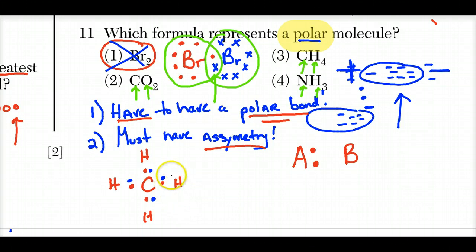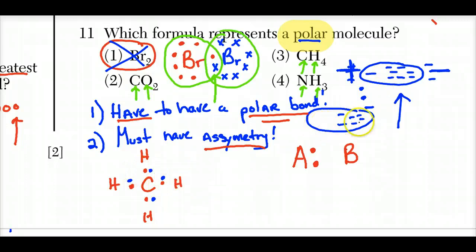But because it makes 4 polar bonds in all directions, it's equal in its unequalness, meaning there's no difference to one side or the other. So these four polar bonds cancel themselves out because there's no difference to each side of the molecule because their unequal sharing is the same in all directions.